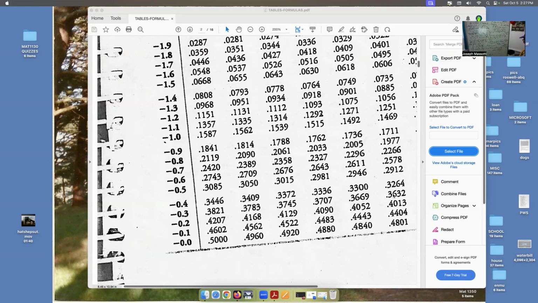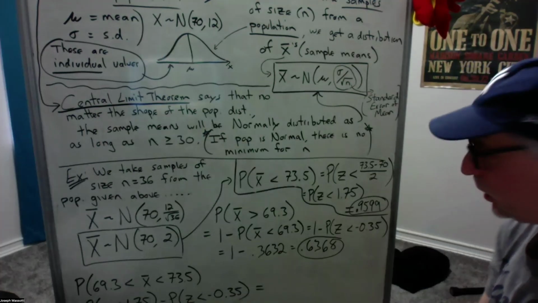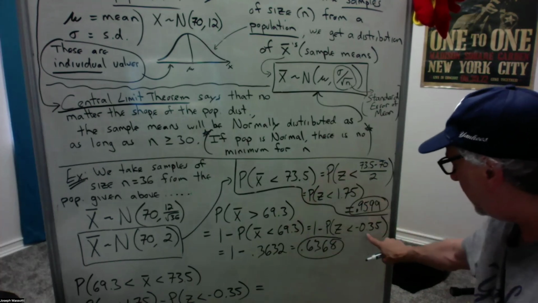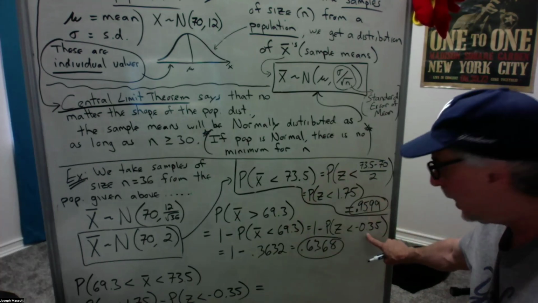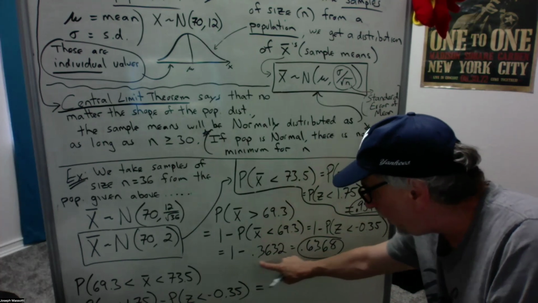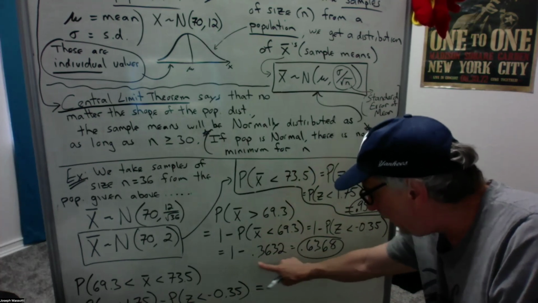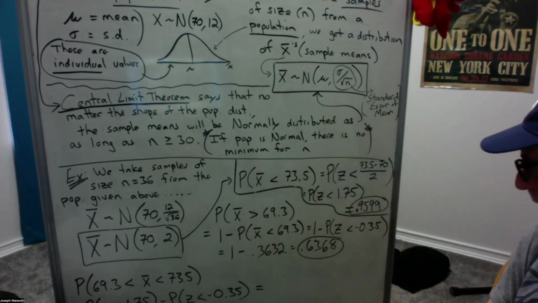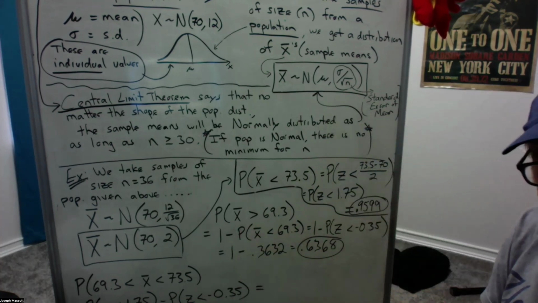Is that right? 0.6368, I believe so. Okay. So again, just looking numbers up in the table, we standardize the 69.3 to get negative 0.35. We look up negative 0.35 in the table, we get this number. We subtract that from 1 to get our answer of 0.6368.